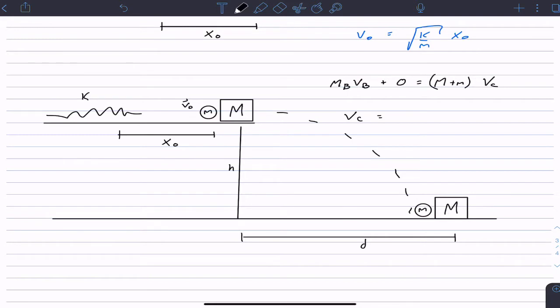So vc is going to equal m_b, the mass of the ball, by the way, that's this one as well, times the square root of k over the mass of the ball times x naught. That's the velocity of the ball. And then we have 1 over m plus the mass of the ball.